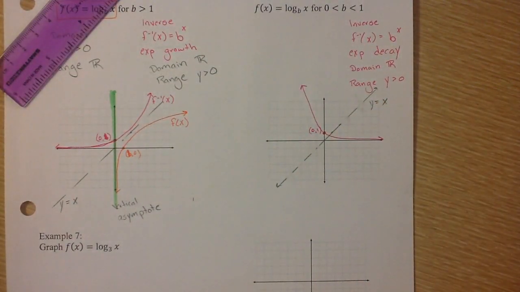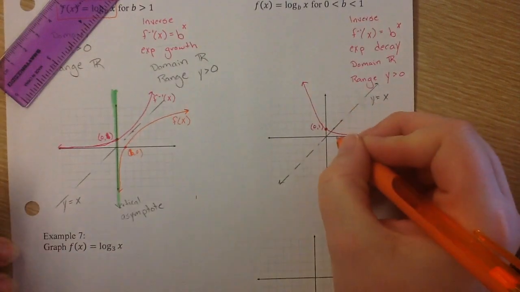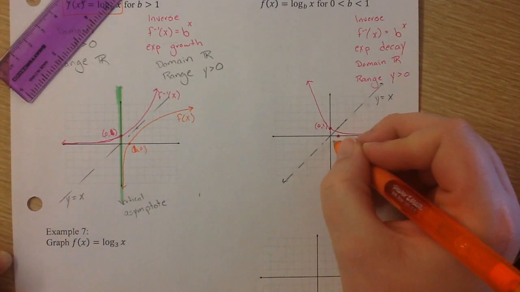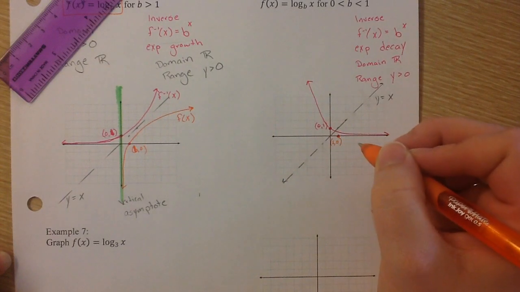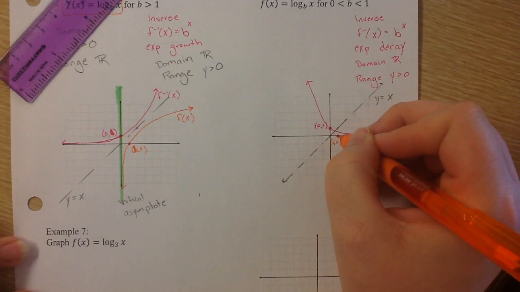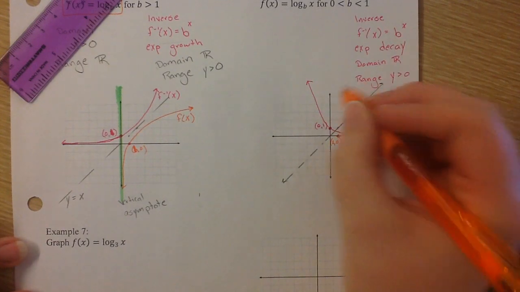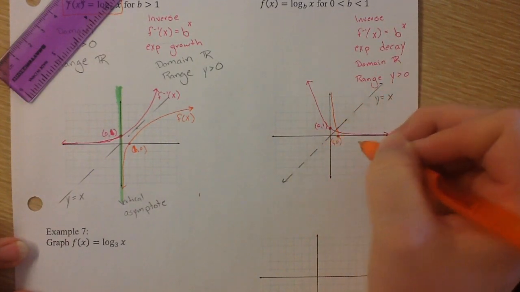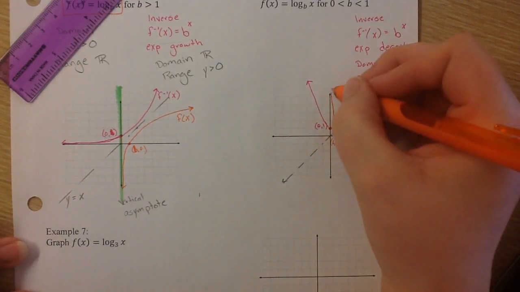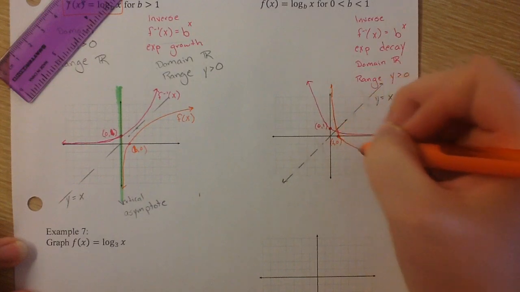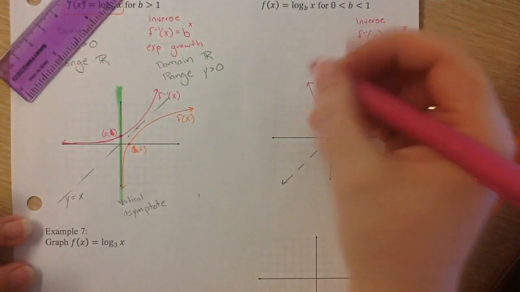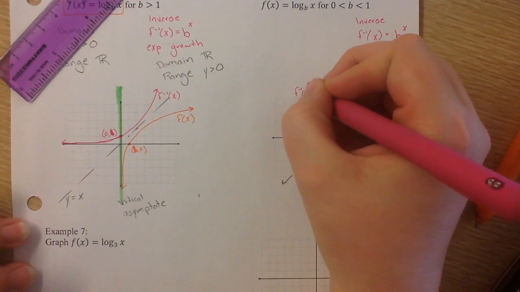It's still going to go through the point 1, 0, but now it's going to be an exponential decay problem. So instead of going up like this, it's going to go down, like that. So there's our f of x function. This pink one was our f inverse of x.